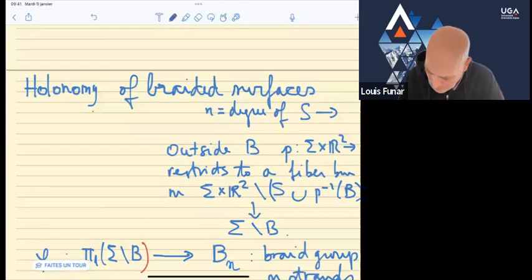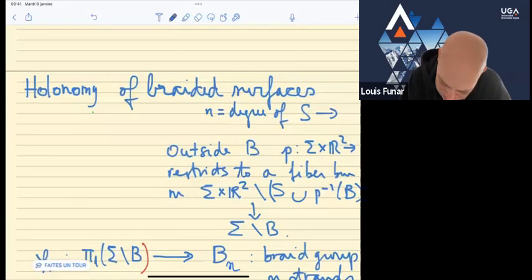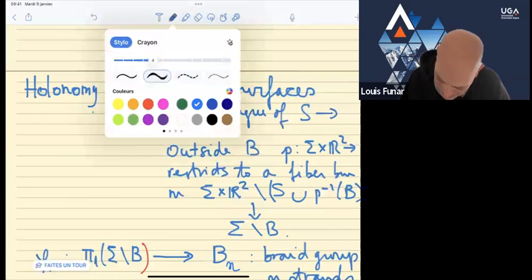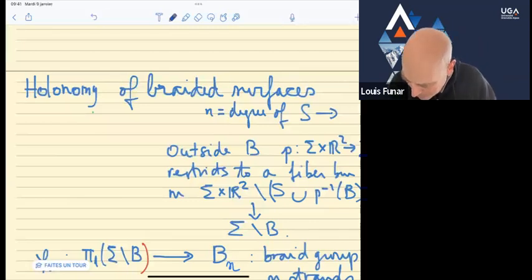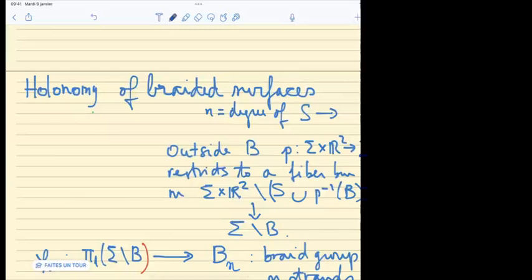Maybe something happened. I'll try to do something. Let me put it up here. Is it fine now? Can you see up here? No. Maybe you can somehow decrease the scale. Yeah.